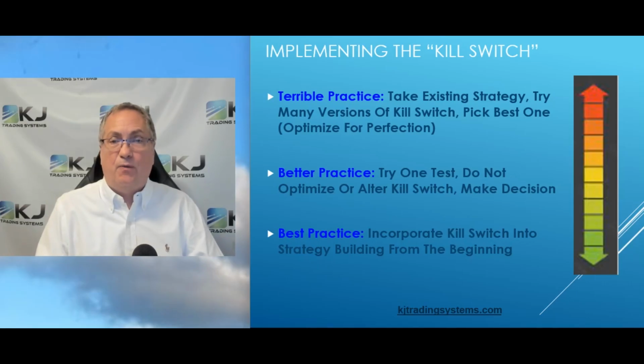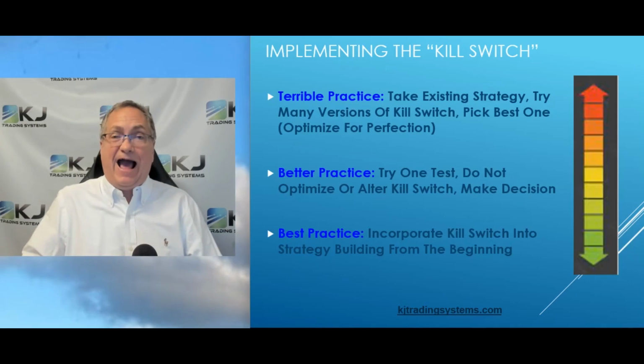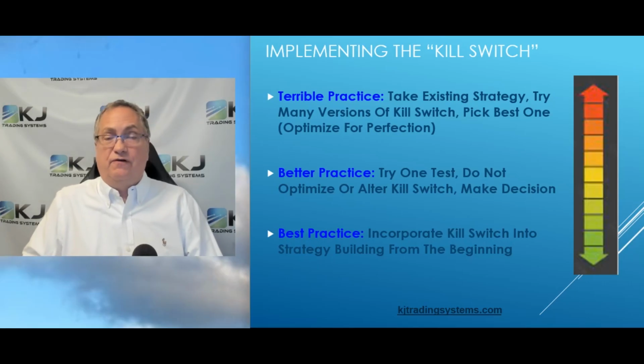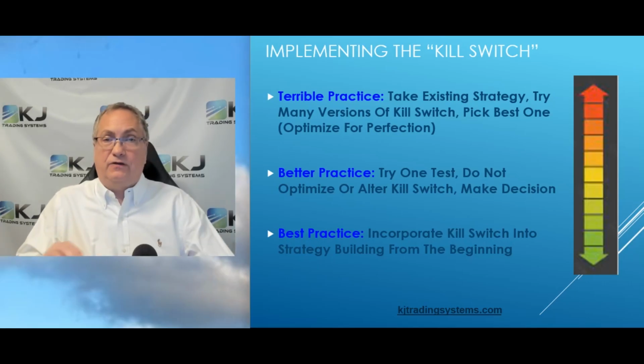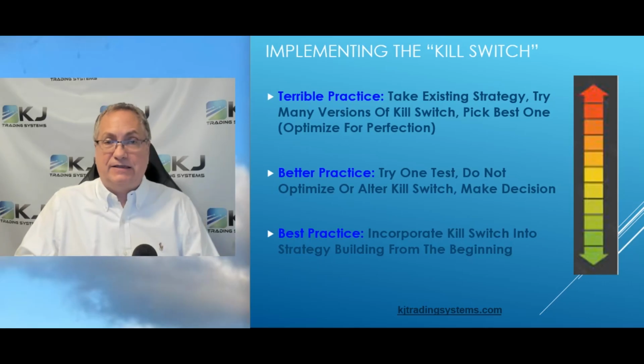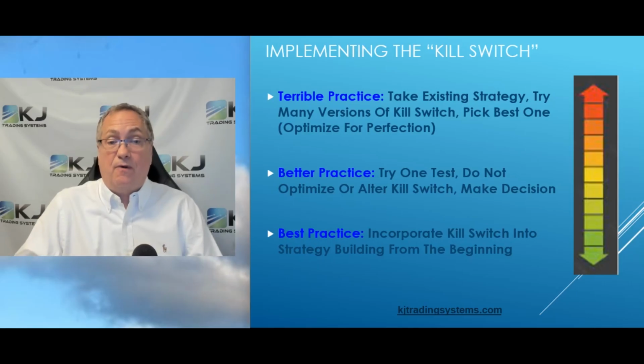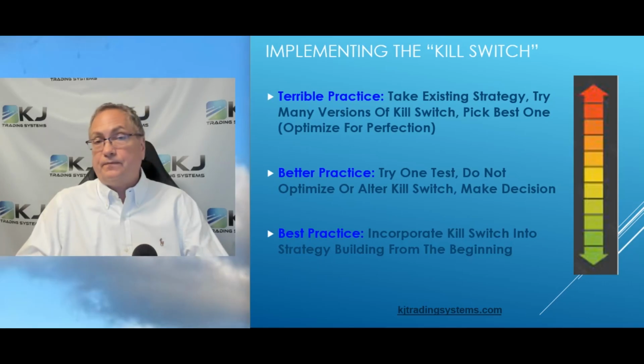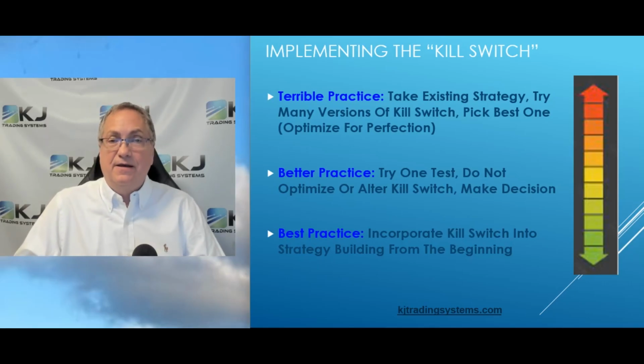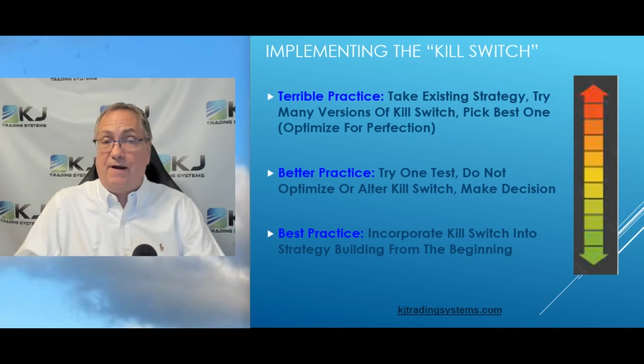That's the best of both worlds. And doing it that way really prevents you from cherry picking. Do I want it? Do I not want it? What do I test? Because if your test process is robust, you've already included it right from the beginning. So that's the way I would do it on any strategies that you build from this point forward. If you want a kill switch, just build it in right from the beginning.